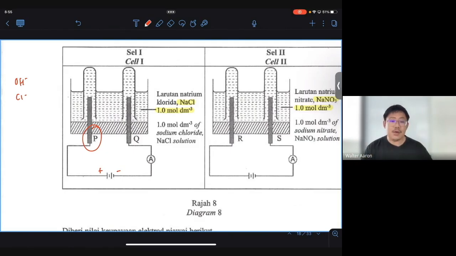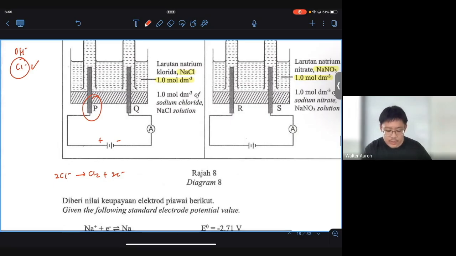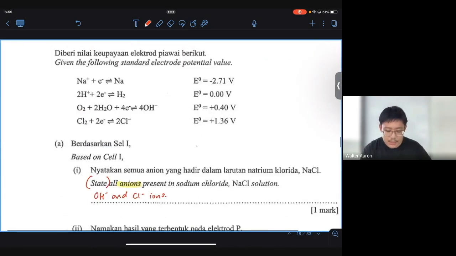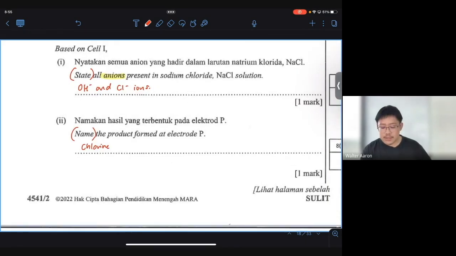But in this case it is concentrated and the anode has 2 different ions. The question you must ask yourself is, do we see a halogen there? Yes, we do. If you see the halogen, we pick the halogen straight away. So your half equation will be 2Cl minus becoming Cl2, releasing 2 electrons. So you know that chlorine gas is being produced. That's why at P, chlorine gas is the substance discharged.